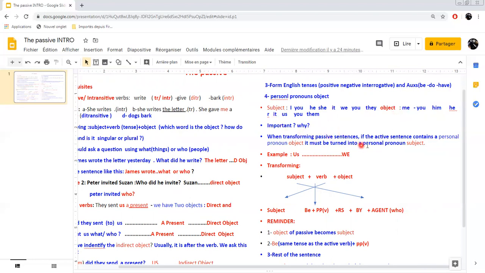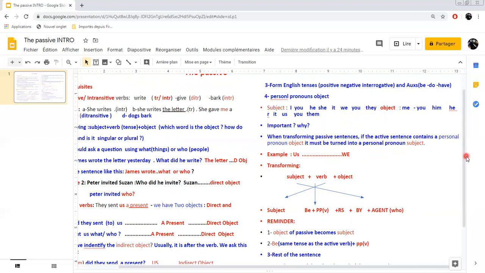Because when transforming passive sentences, if the active sentence contains a personal pronoun object, it must be turned into a personal pronoun subject. That's why they are very important. For example, we've got us in the active sentence, like this one here, us. So we are going to turn it into a personal pronoun subject. It becomes we. So that's why they are important.